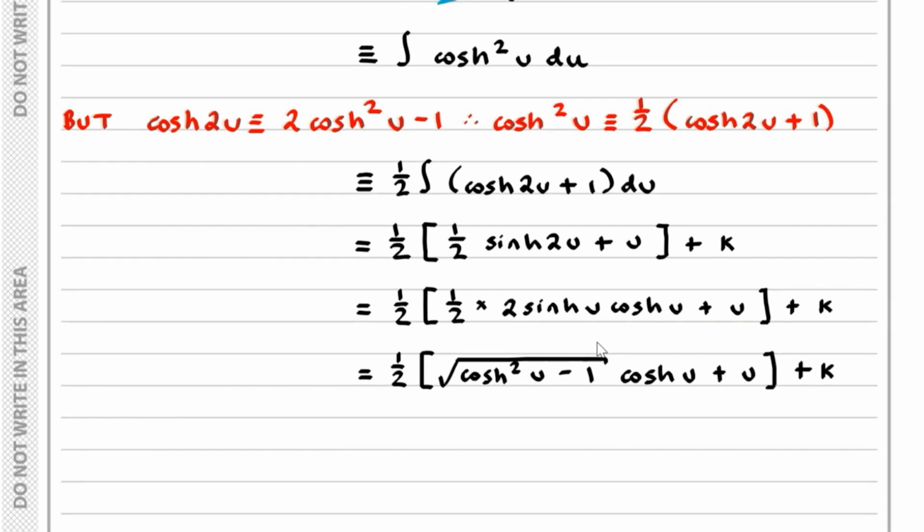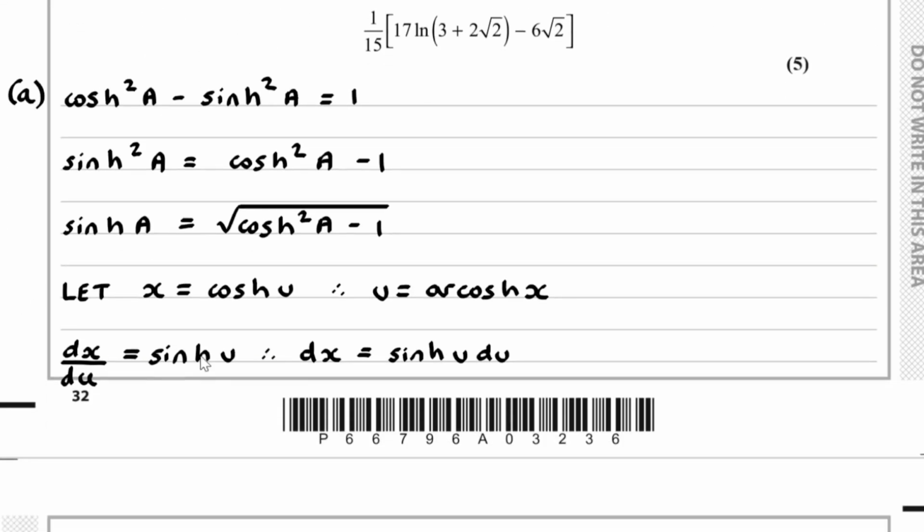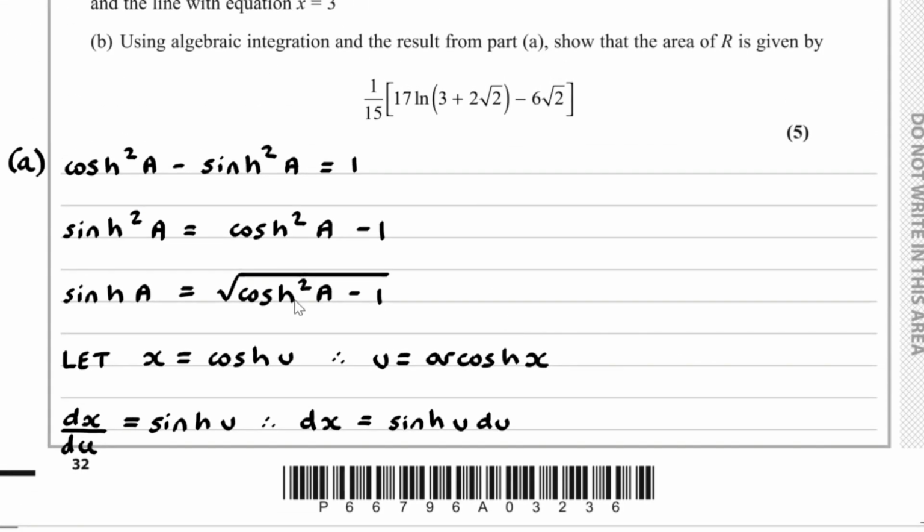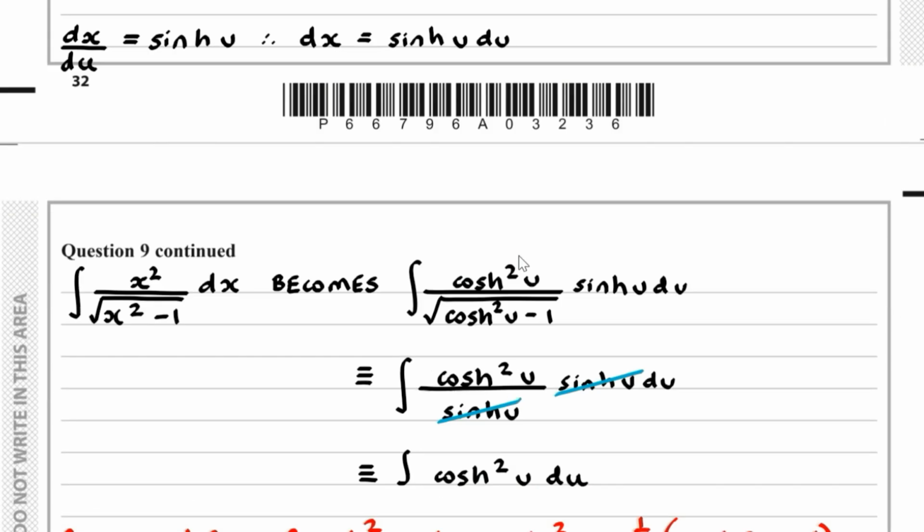Now, if we rewrite these in terms of x, we know that x is equal to hyperbolic cosine u, and so we end up with 1/2 multiplied by, well, here we have x, and here we have x squared minus 1 square rooted, and then u, that's equal to the inverse hyperbolic cosine of x.